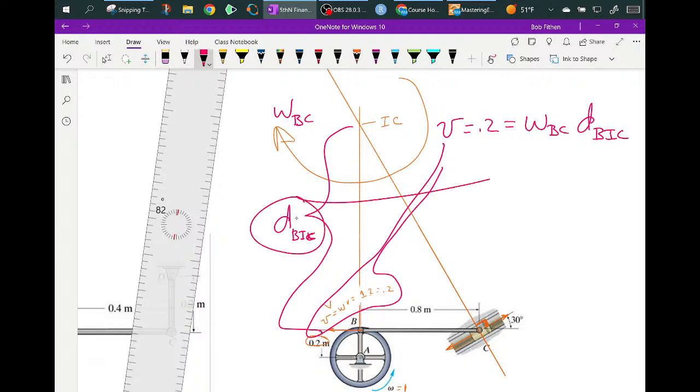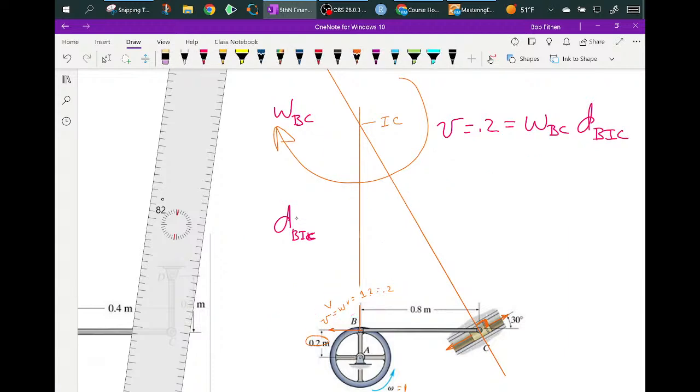That would be this distance right here. And so once you found that distance, you could find that omega right there. The next thing you want to do is find the distance from here to there. Distance from C to the instant center.